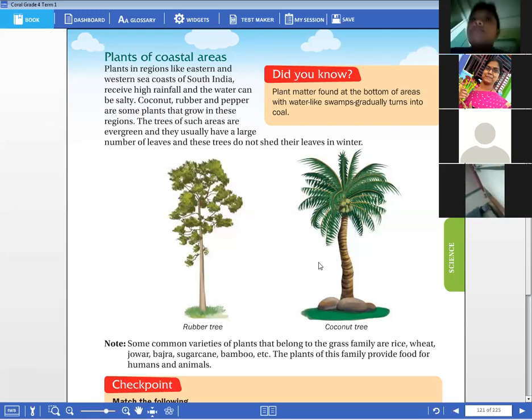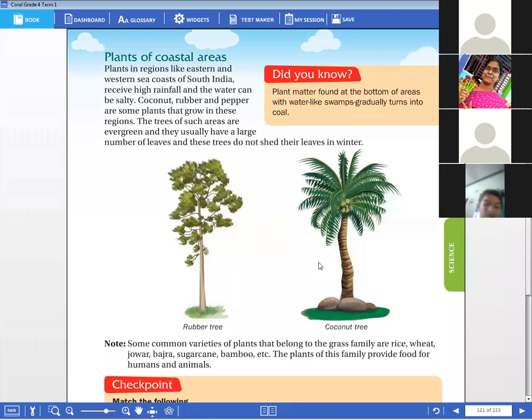Like Chennai. Chennai is a coastal area. Mumbai is a coastal area. Kerala. Okay, these all are coastal areas, children. The land which is near the seashore is called a coastal area.